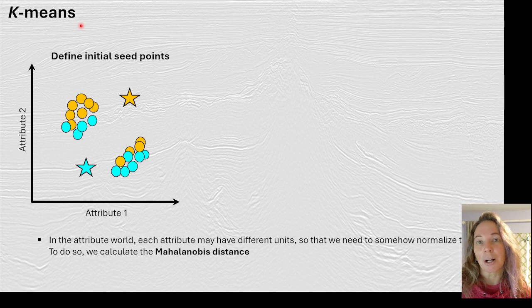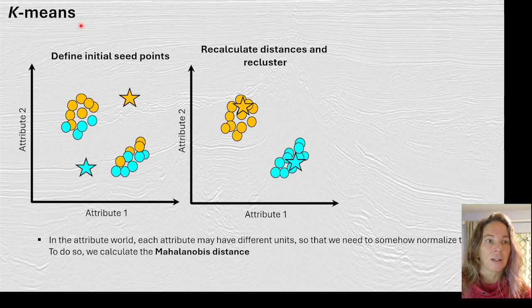This could work really well if you have a couple of well logs that you could tie to seismic and use to give more concrete meaning to the different colored clusters. Okay, so k-means is one of the most straightforward, simplest unsupervised clustering methods. What happens is that you start with some kind of initial seed points. Here we've got the 2 attribute example again.